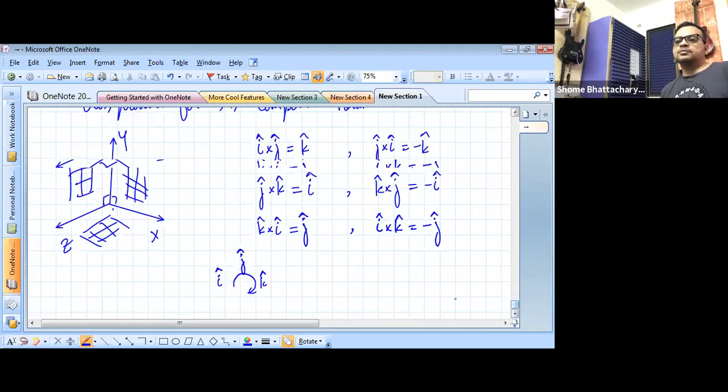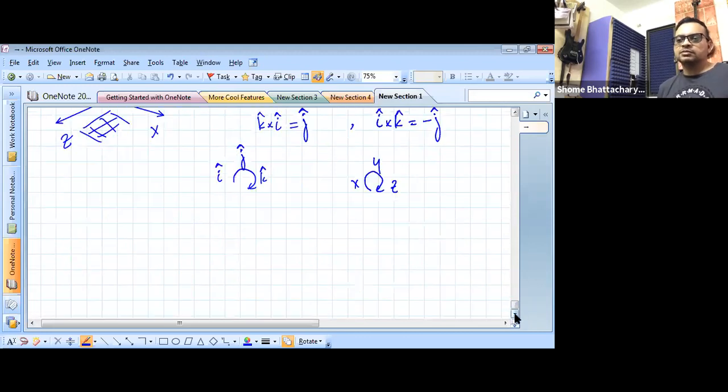You can even think of it as x, y, z, because i, j, k are along x, y, z. Whenever you're going along this arrow, you're getting the plus signs. Whenever you're going opposite, you're getting the minus sign. So this is a simple trick to remember these 6 formulae.